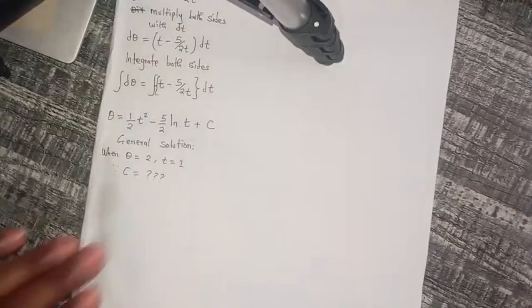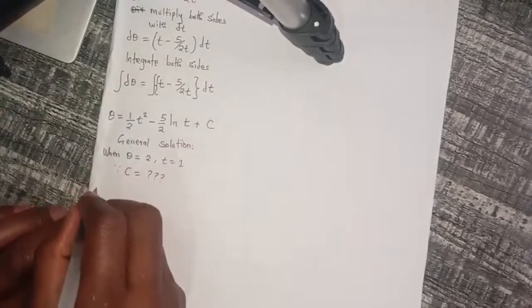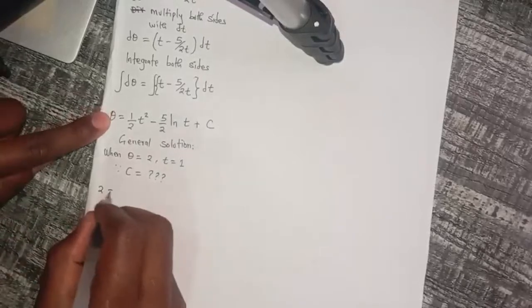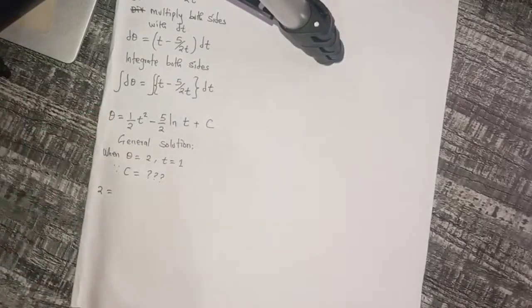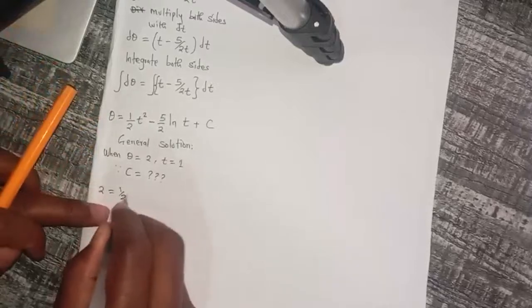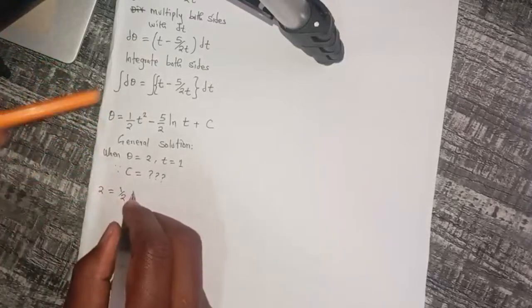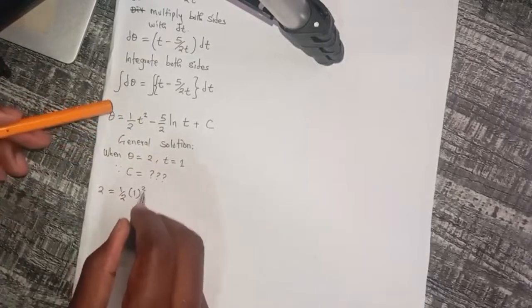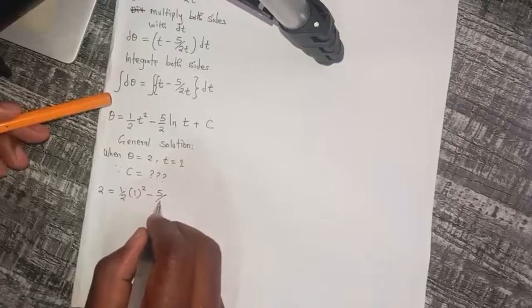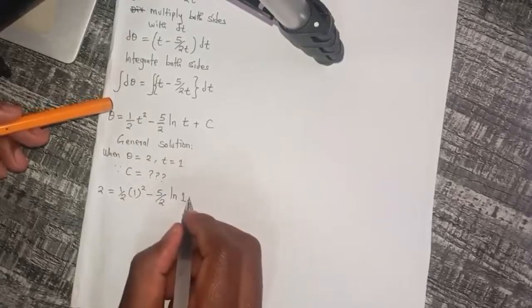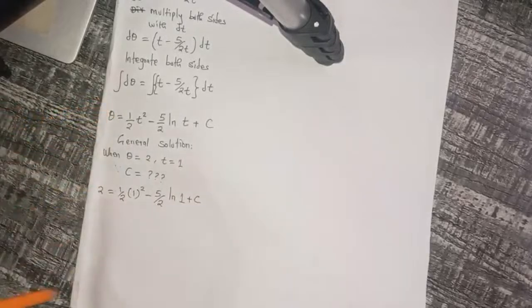Theta is 2, so we replace theta with 2 here, equals half, then we replace the t here with 1, into 1 squared minus 5/2 ln of 1, then plus constant c.